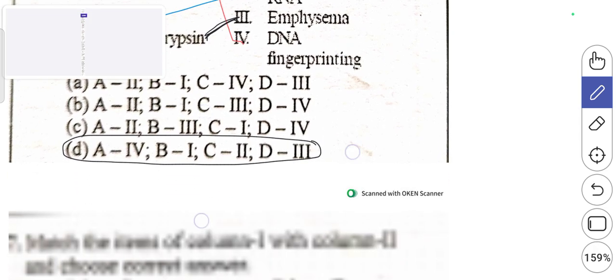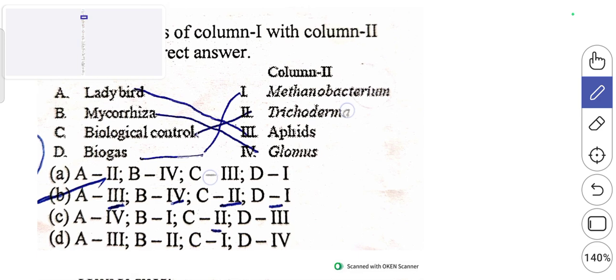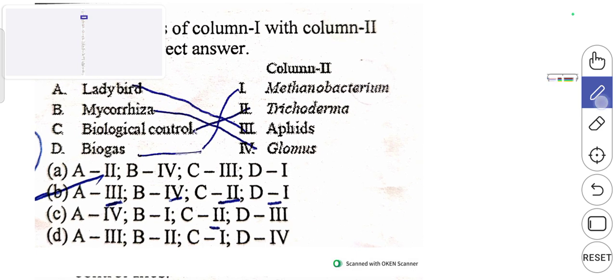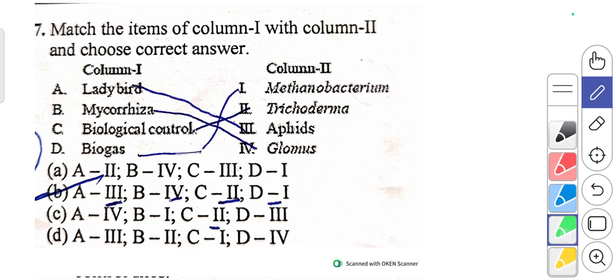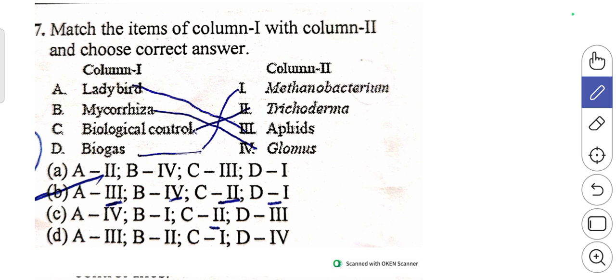So next question. Already it is matched here. Let's see. Ladybird. As you all know, this ladybird, it can be considered as a biofertilizer.